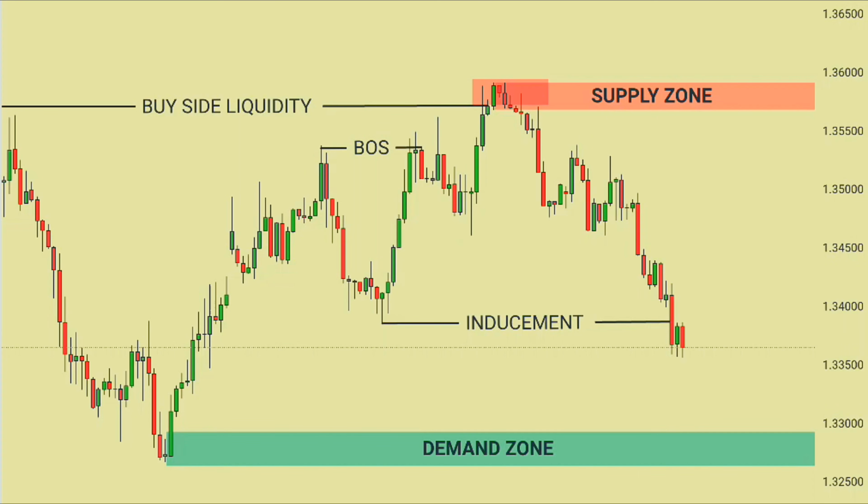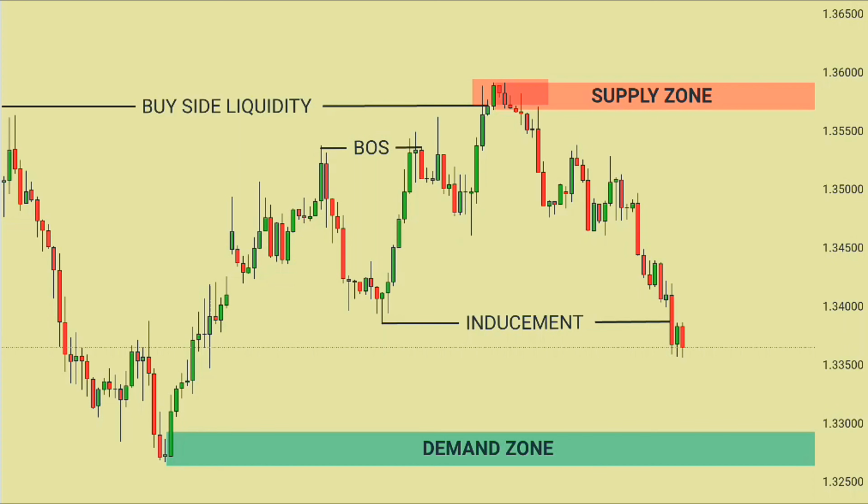These pullbacks give a false sense of confirmation, making traders believe the move is continuing. But in reality, it's just building liquidity on the way down. So when price finally reaches the demand zone, there's enough liquidity for smart money to enter. This is why the reaction from demand becomes so strong.